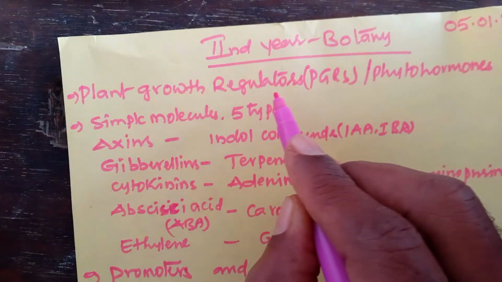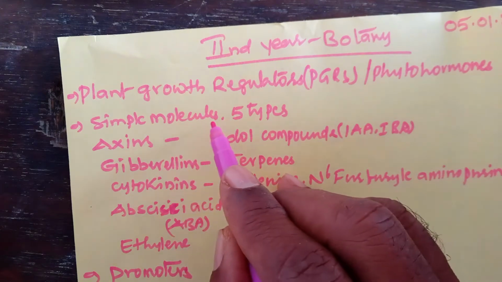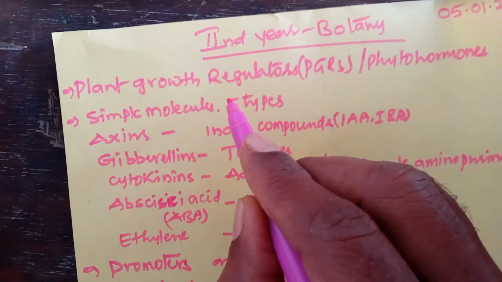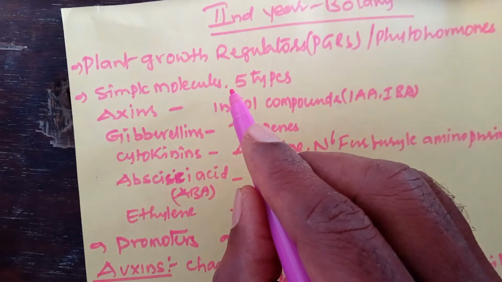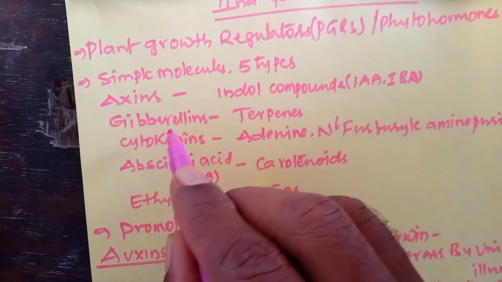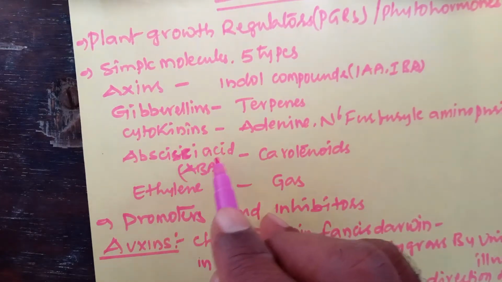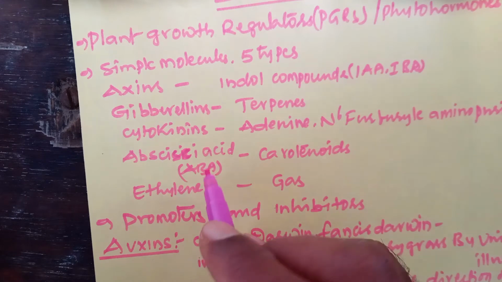They are very simple molecules, and the hormones are of 5 types: auxins, gibberellins, cytokinins, abscisic acid, and ethylene.